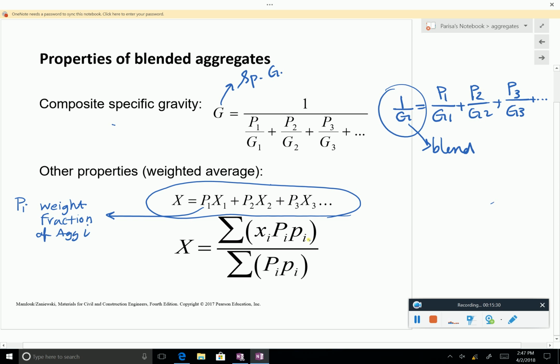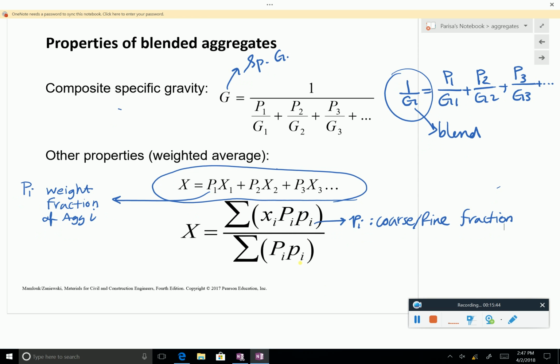Now, if you want to look at coarse or fine aggregate, then you use the coarse or fine fraction, that's the small p_i. So if a property is just defined for coarse or fine aggregate, you also have to take into account the percentage or the weight fraction of just coarse or fine in that aggregate pile.